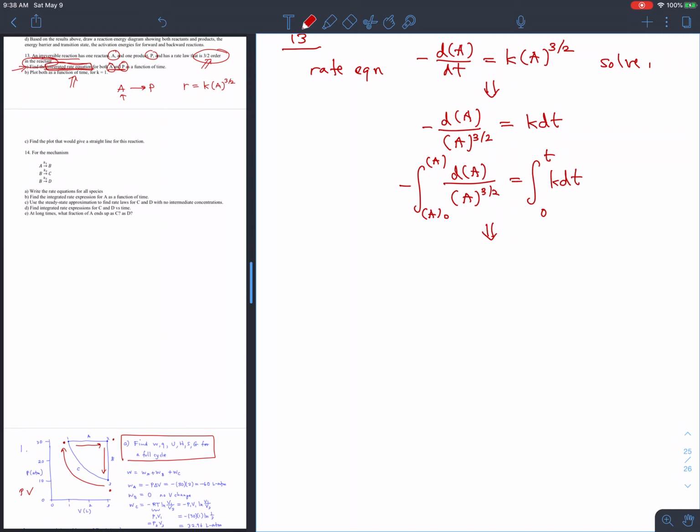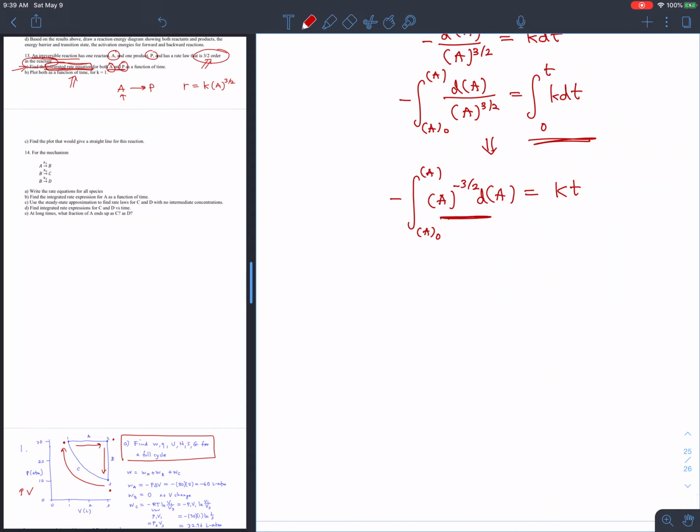Let me do it a little bit more properly. That's minus the integral from A0 up to A of A to the minus 3/2 power times dA, and that's equal to k times t.